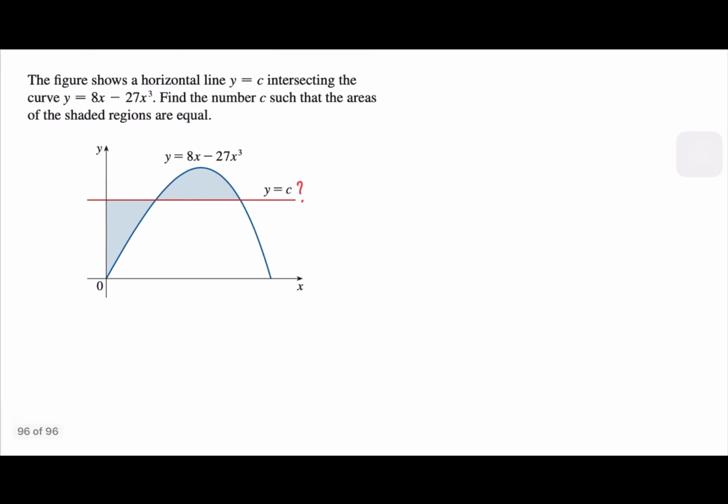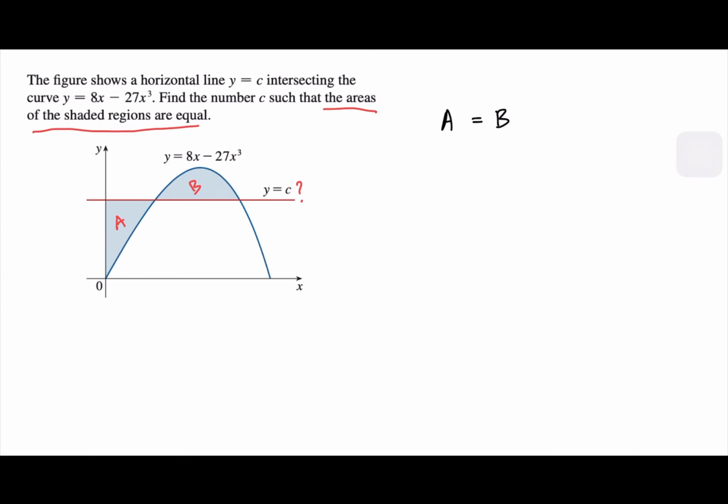So I hope you get the idea here. The key here is that the areas of the shaded regions are equal, which means if this is A, this is B, A and B are equal. So we can write A equals B, okay?